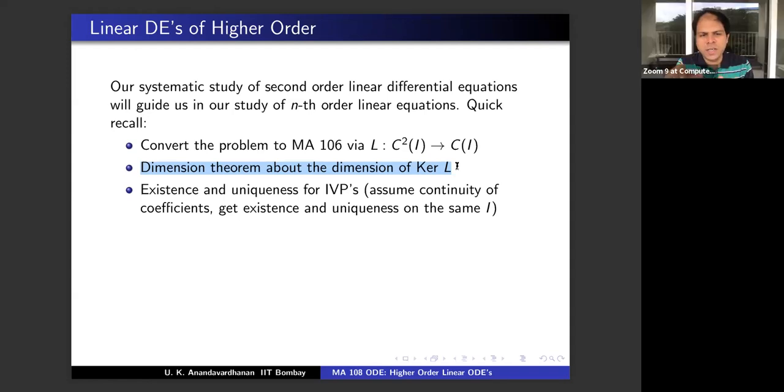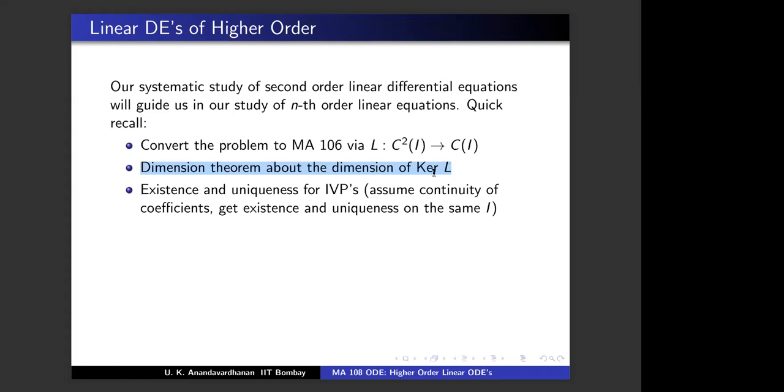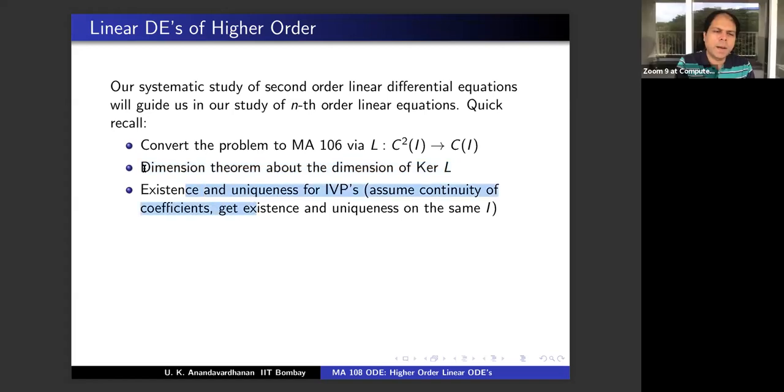Assuming existence and uniqueness, I proved the dimension theorem. Do you think we will prove it in nth order? Yes. After assuming this, we will come back and prove it. The proof will be exactly similar. It will be a bit quick because we are not going to ask you to prove it, but those of you who are interested should know the proof. It's the same story. If you understood the second order proof, you will understand the nth order proof.